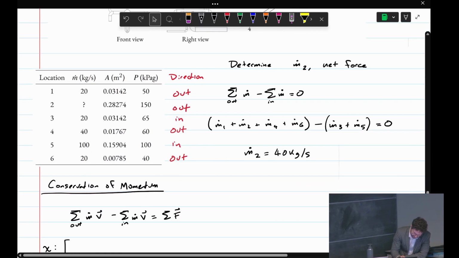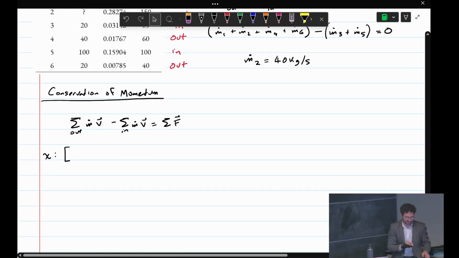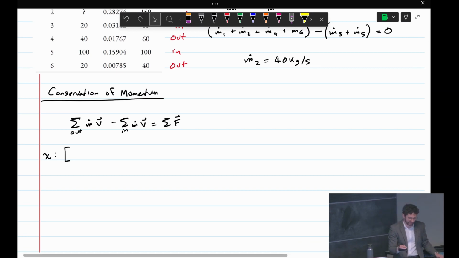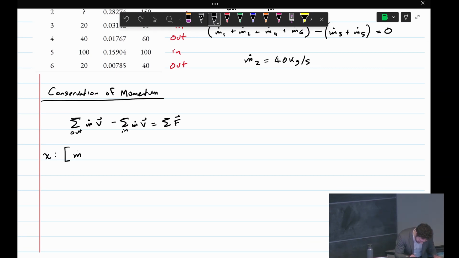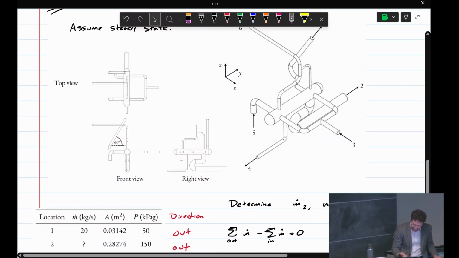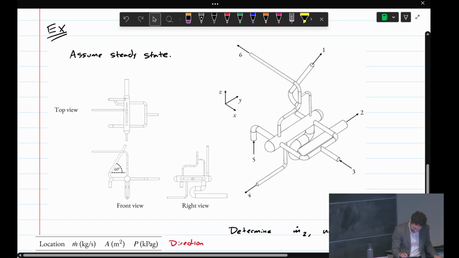Okay, so the m dot is just m dot. You don't need to worry about vector components, signs, anything like that. So we have m dot 1. Remember I said you need to worry about the v's in this equation.